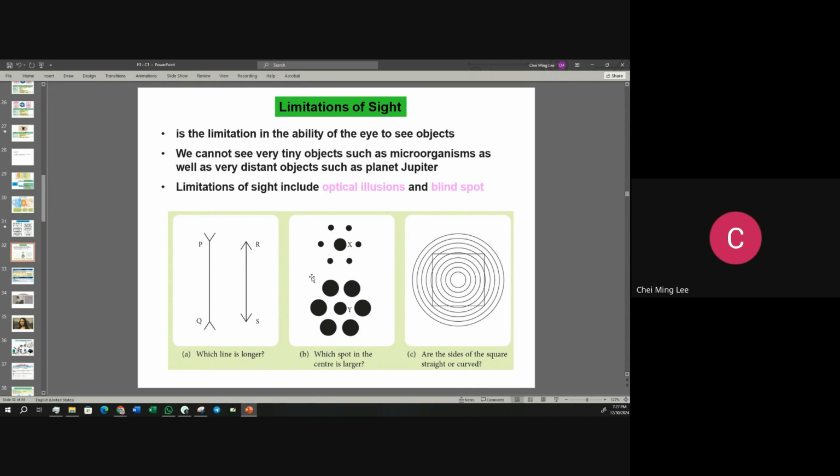For example, this center spot and this center spot, which is bigger? In your vision, this one should be bigger. Actually, it's still the same. Normally, on a white paper, when I drop black ink, you will see it clearly.